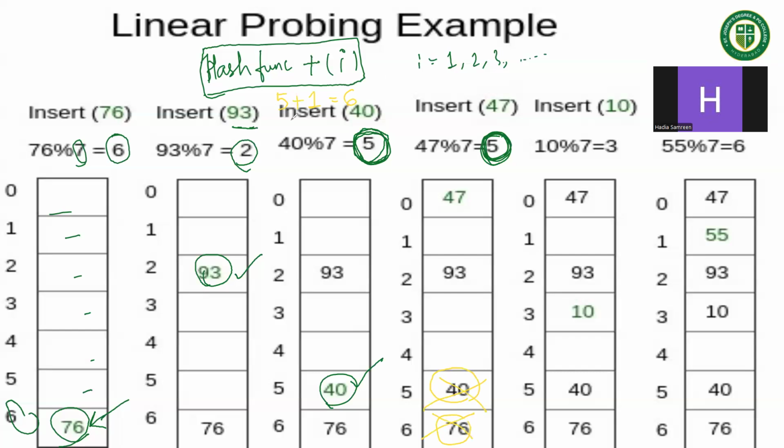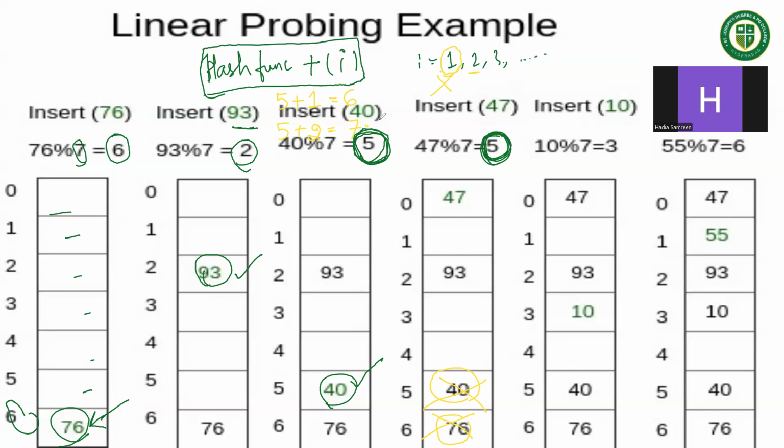So we will again use the same hash function, 5 plus I. Originally the value was 1, but 1 is not working for us. Then we will go for 2. 5 plus 2, that is 7. Is there any 7th index?